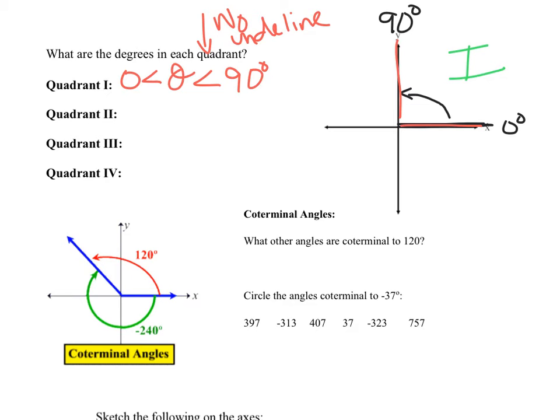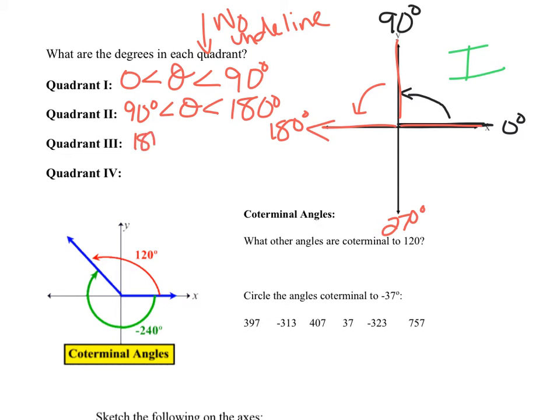So quadrant 2 goes from 90 to 180. So this is 180 degrees here. Going down a little bit farther, that's 270 down there. So between 180 and 270, that's here to here.